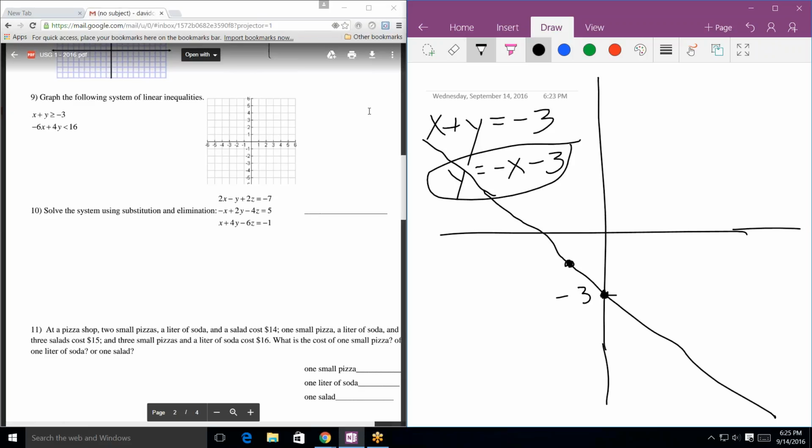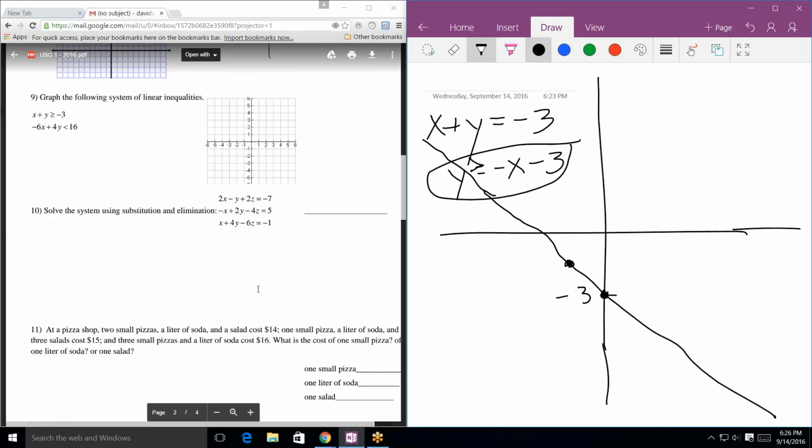So I have to figure out which side I'm going to shade. Well, which side is it? Wouldn't it be the left side? It's because we're always defining it in terms of y, it's never left or right, it's always up or down. And remember, this is y is greater than or equal to minus x minus 3. So the way you determine which side to shade is you always go to the y-axis.